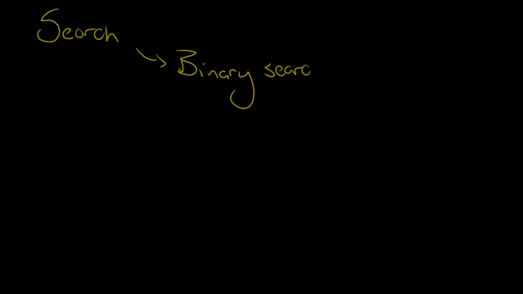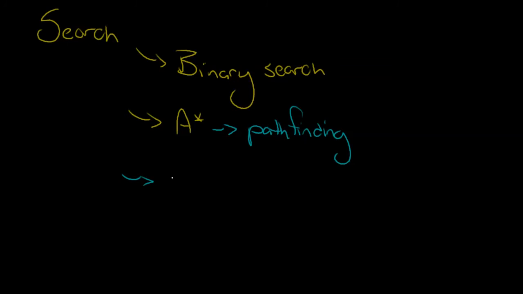You have other types of search. There's one called A star, and A star is a path algorithm, so it actually finds a path. So this is for path finding, and that's one way to search.